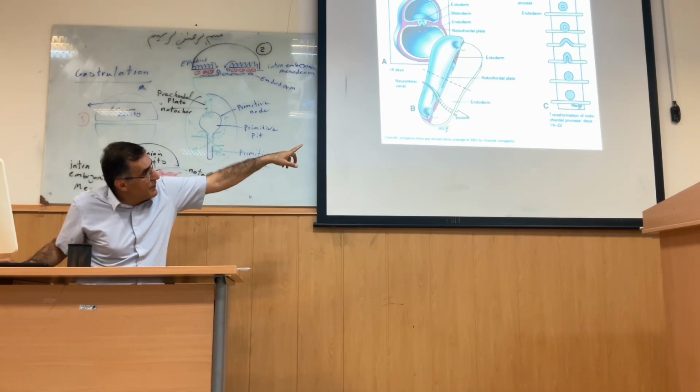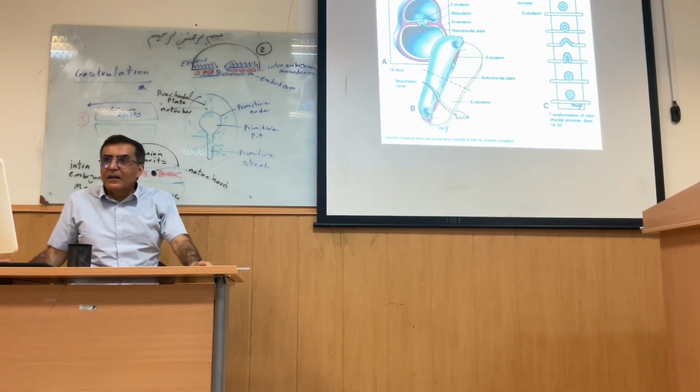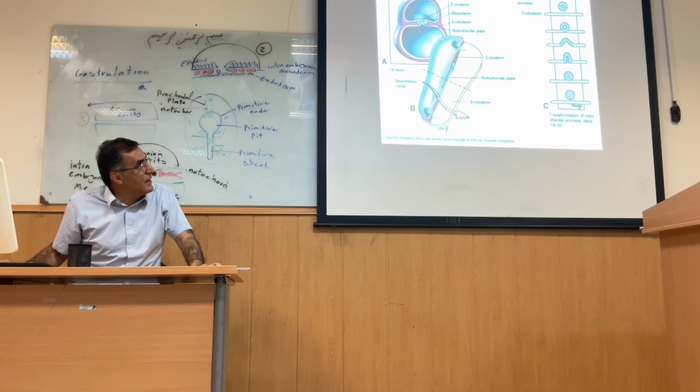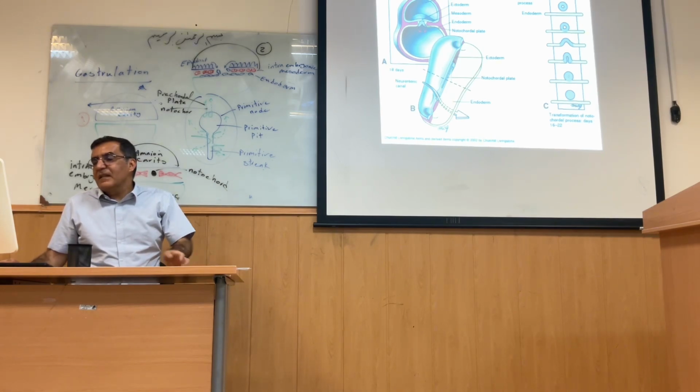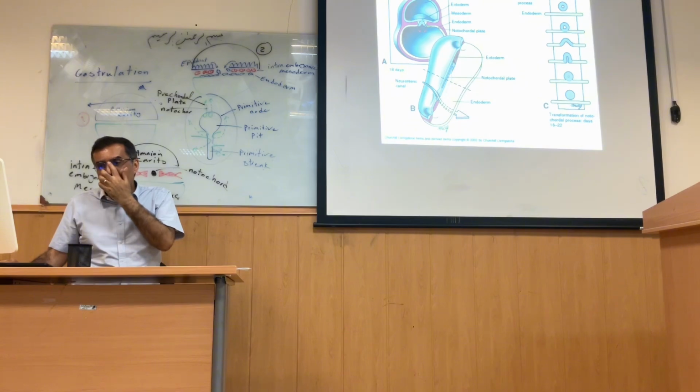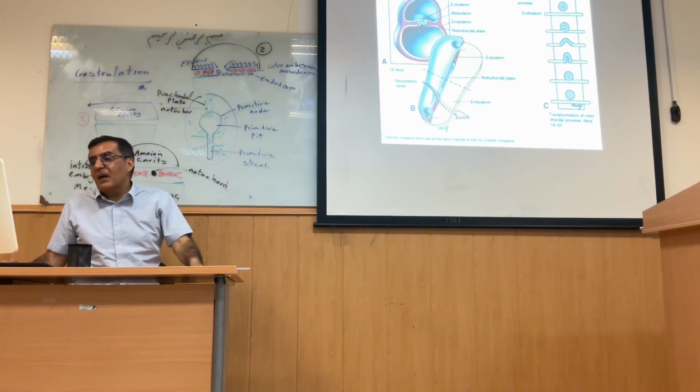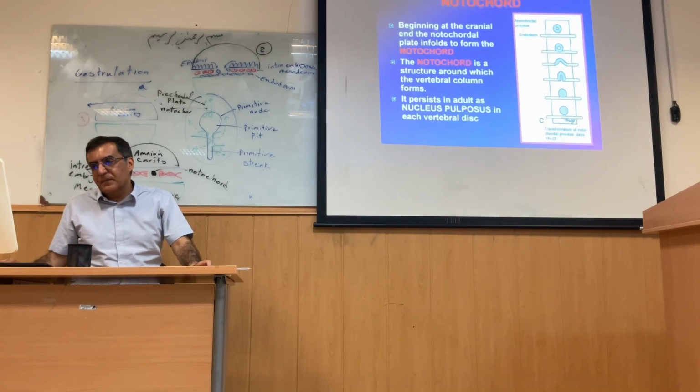But in the end, what do you see? It's a solid rod. If it's hollow, it doesn't have a function. It has to attach to the endoderm and separate from it. In this mechanism, we have a temporary communication between the amniotic cavity and the yolk sac, which may endure as canals, but is temporarily closed. This mechanism.